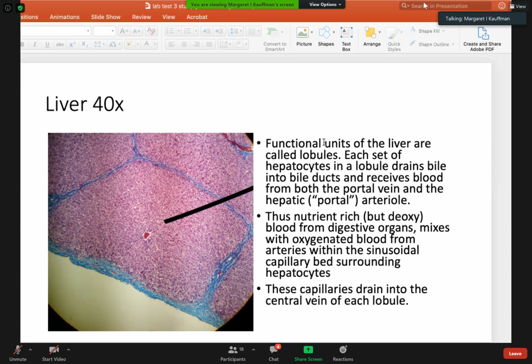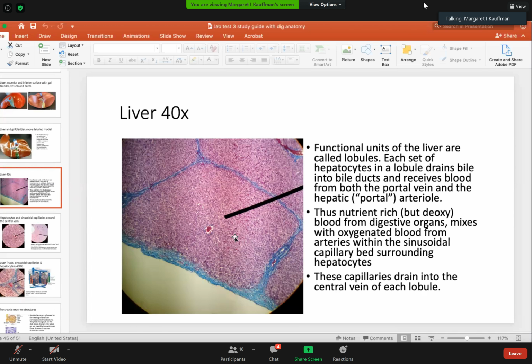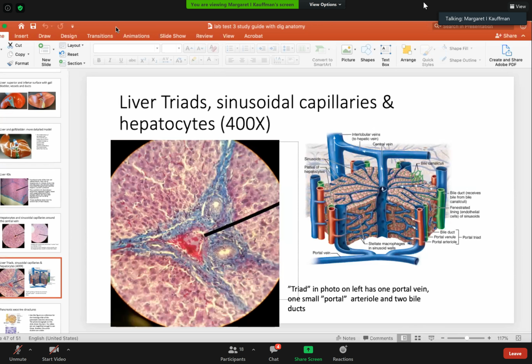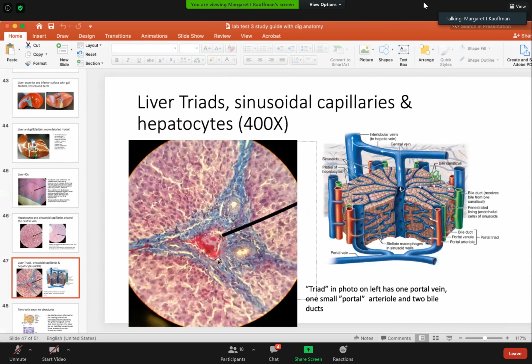So maybe I should make a list and put that in announcements because I didn't make a list like before. Draw at 40X. I was thinking I was helping you more by putting it next to what you need to know next to each of these slide pictures. So that's for the low power, and then the higher power, recognizing these triads and knowing what flows through them.